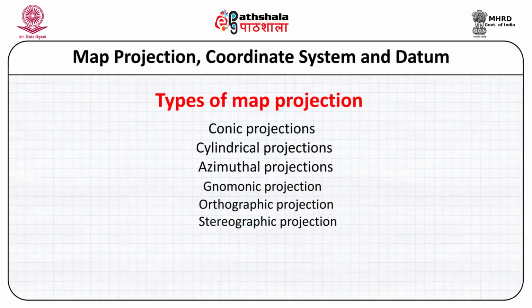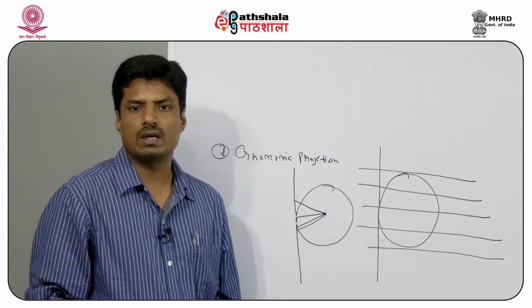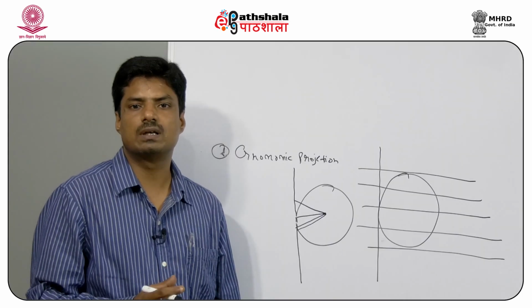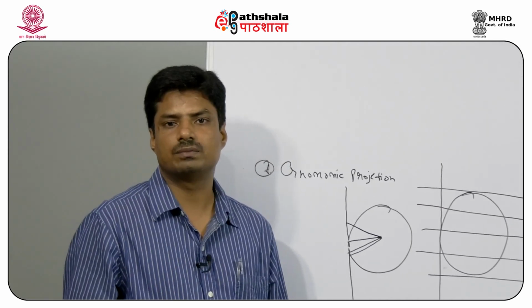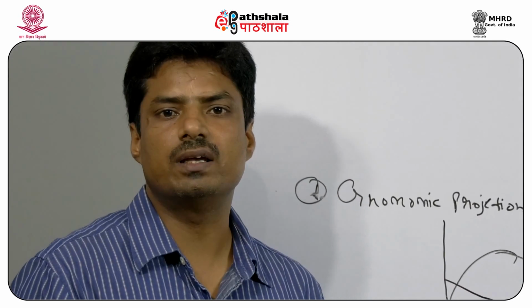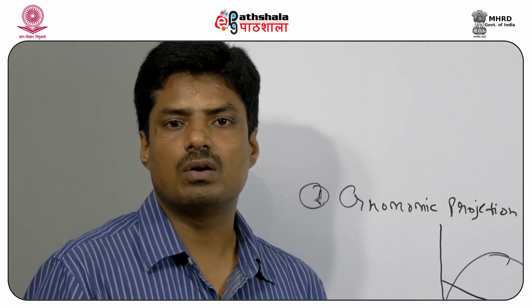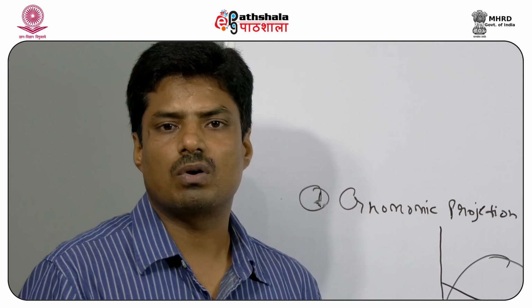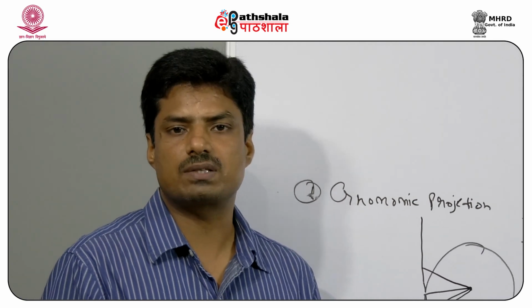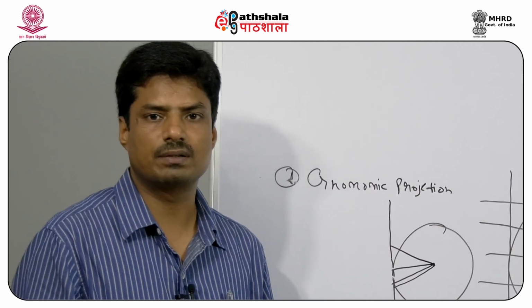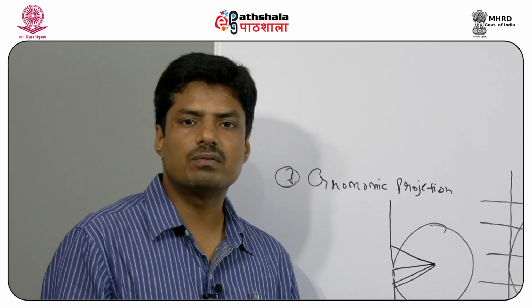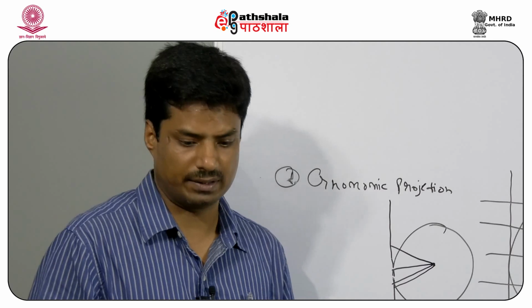The third important category in this projection is stereographic projection. In stereographic projection, the light is drawn from the opposite angle, diagonally opposite the surface where the plane paper is placed. We can understand it with the help of the diagram in this manner.